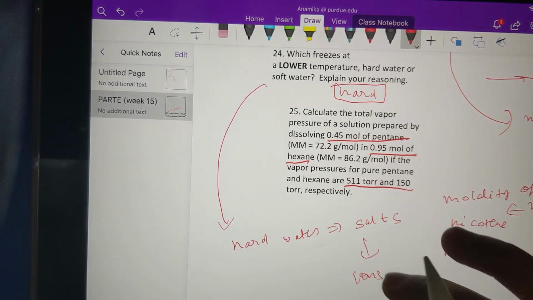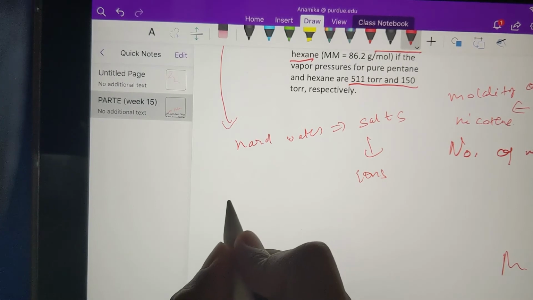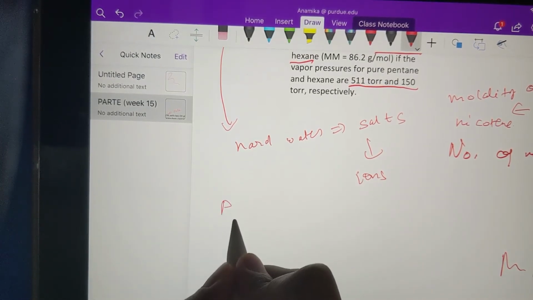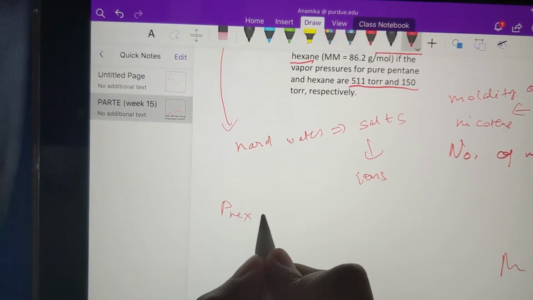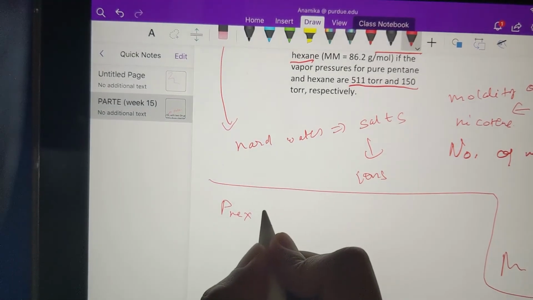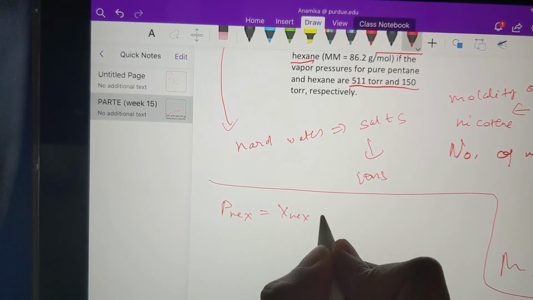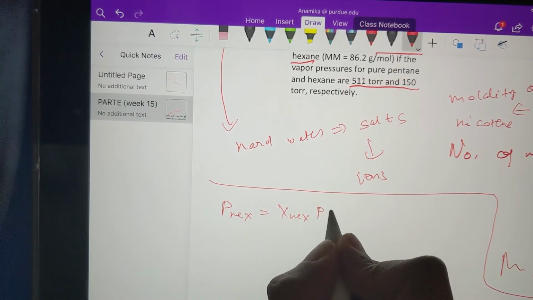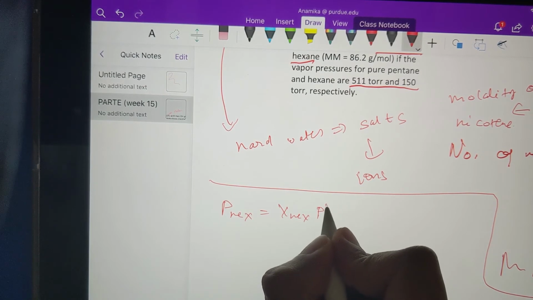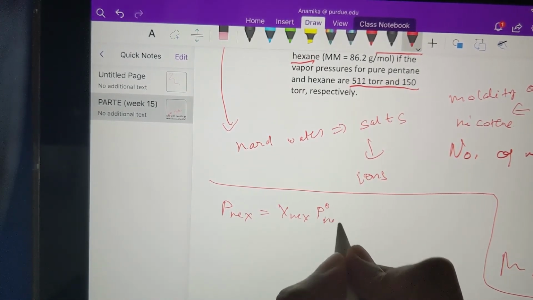Okay, so to calculate this, we are gonna use this equation, which is the vapor pressure of hexane is going to be the mole fraction of hexane into the vapor pressure of pure hexane.